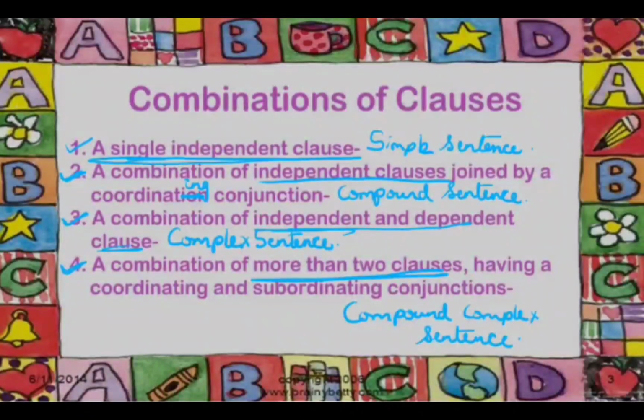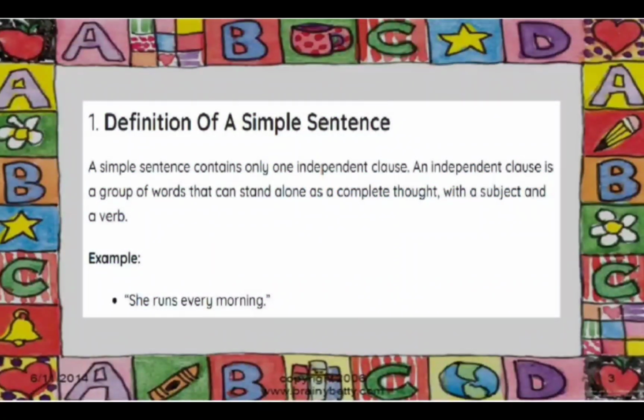Come on, let's delve deeper into all these clauses. Coming up, the first one is a simple sentence. A simple sentence contains one and only one independent clause. That means it does not have any kind of conjunction in it.